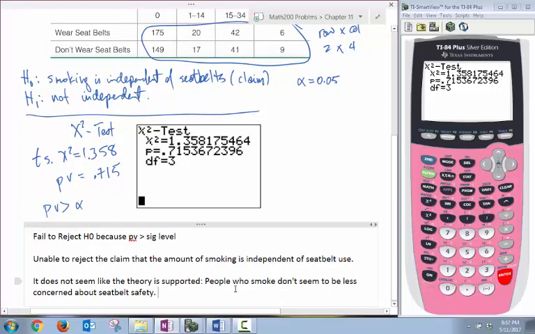We can state it like this, or any other way, just to say that it doesn't seem like wearing seatbelts is dependent on smoking. Alright, so that's it. Our chi-square test does everything else for us. Okay, so I hope that helps.